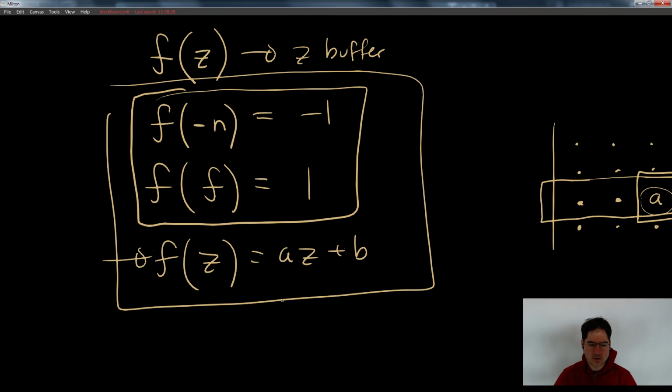Well, if I combine these together, this is an equation in 2 unknowns plus 2 values for that equation. That is exactly what I need, right? An equation with 2 unknowns and 2 values. Elementary high school math. In fact, it's junior high school math. Solve the equation. That's it.